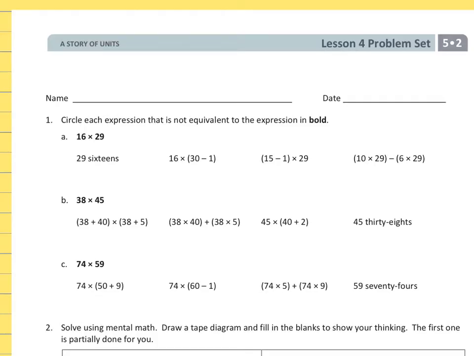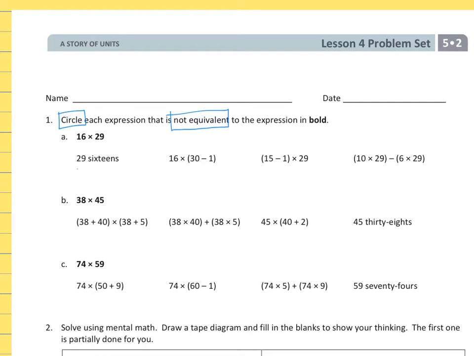All right, so for number 1, they want us to circle each expression that is not equivalent or not equal to the expression in bold. So right here we have 16 times 29. That's also like saying 16 29s. So let's look at the first one, 29 16s.